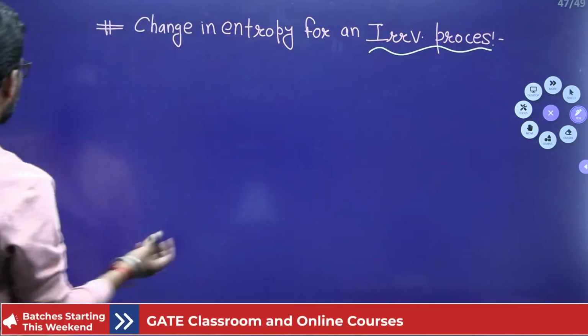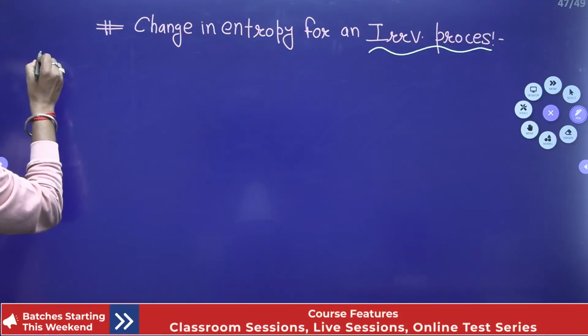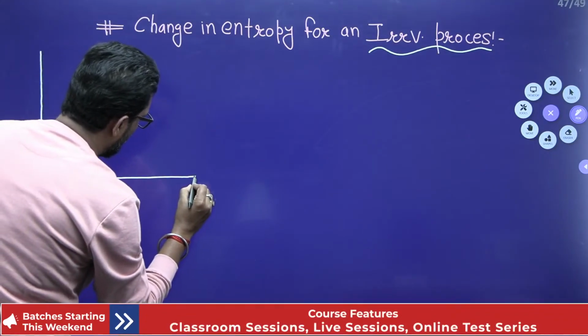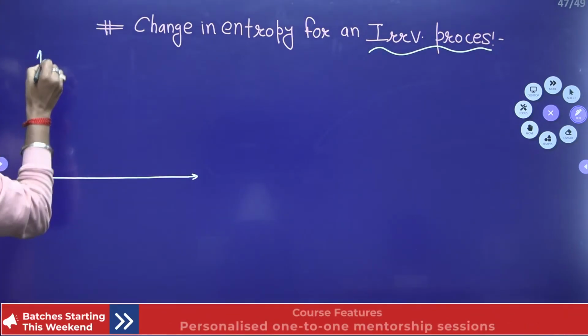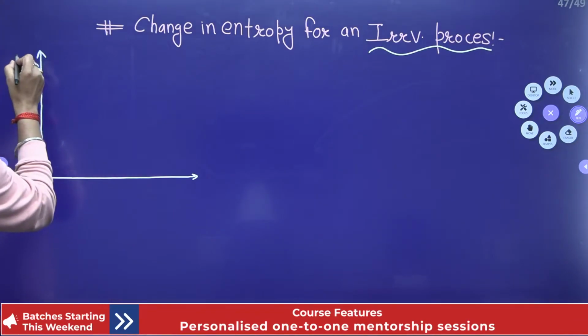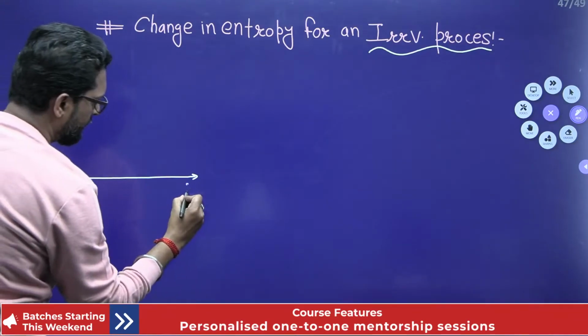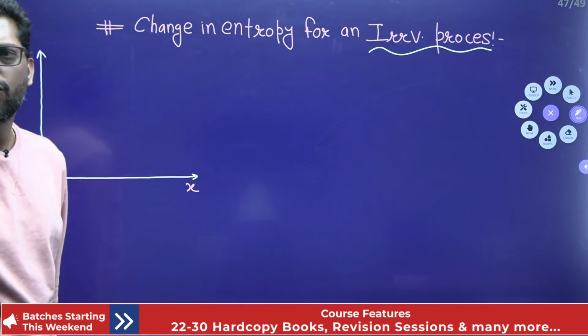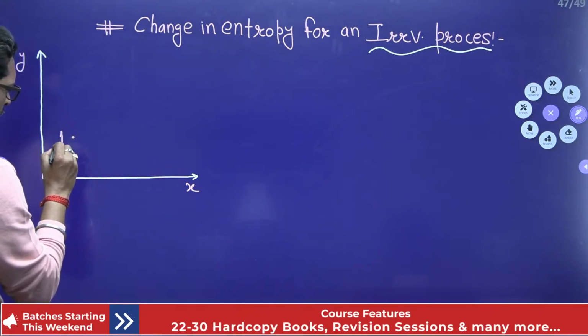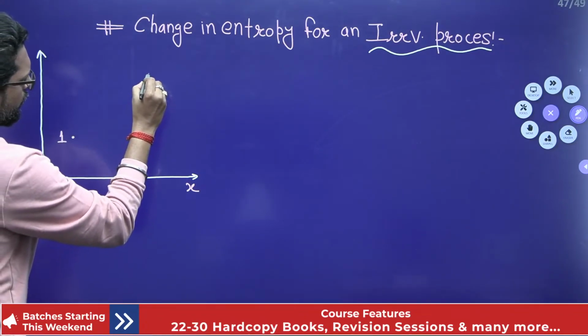That means if you write, let's suppose this is your y and x, any property y and x. And let's suppose x is the entropy change. Now, take state point 1 and this is state point 2.